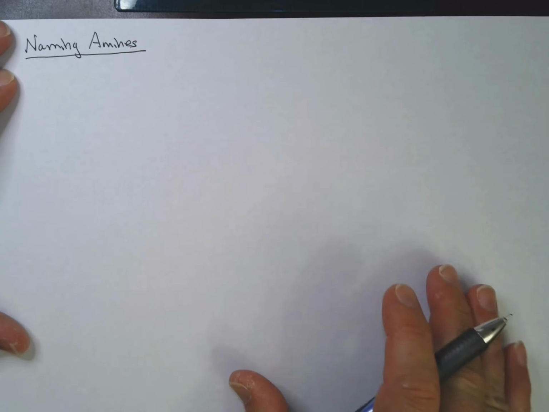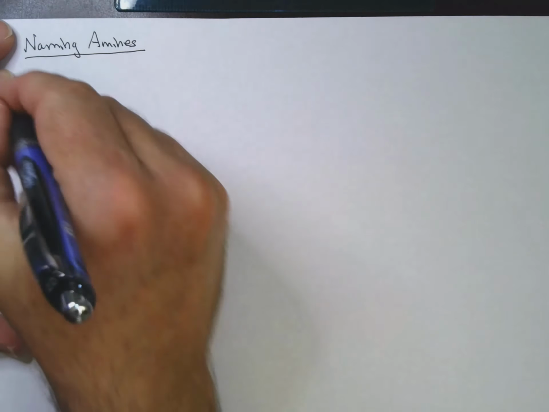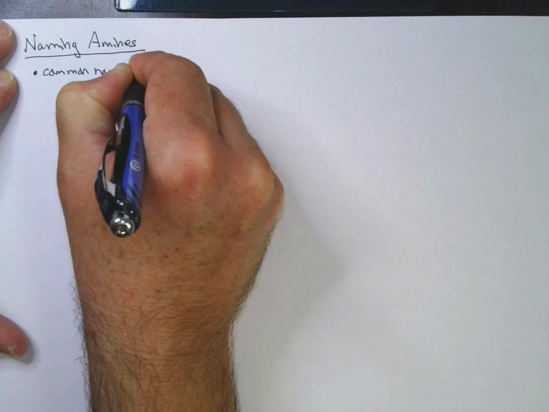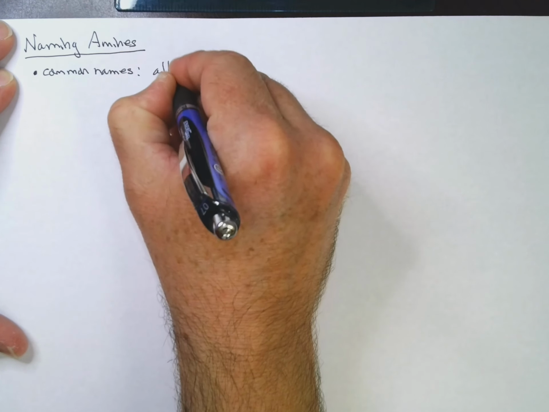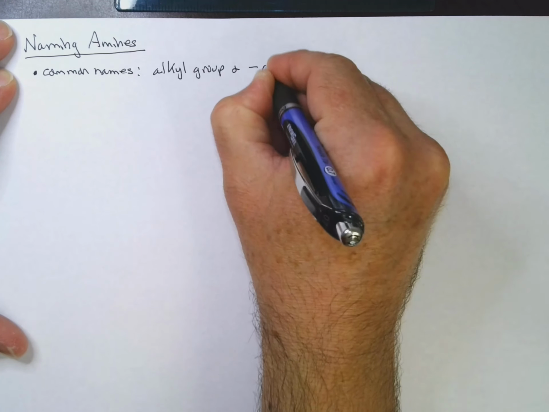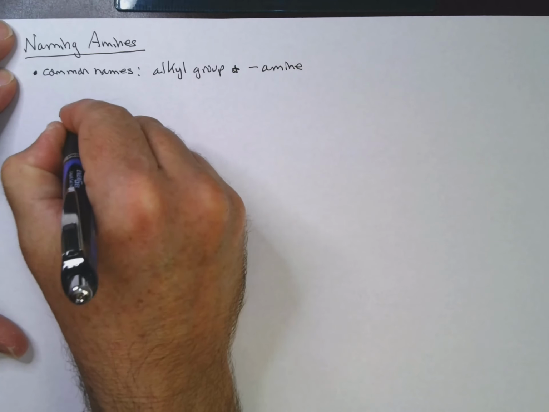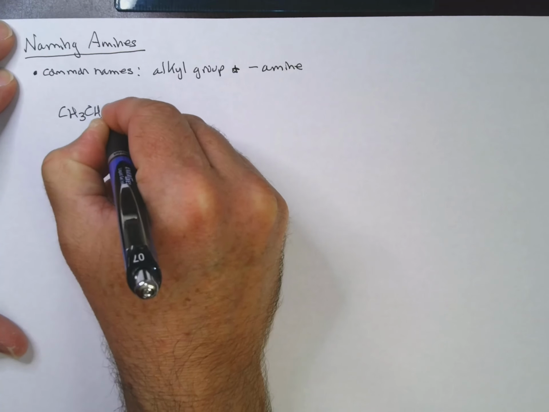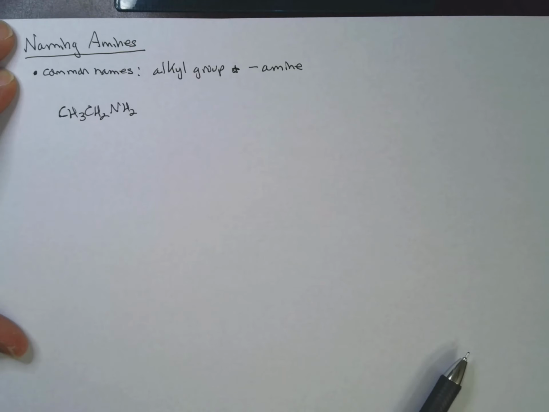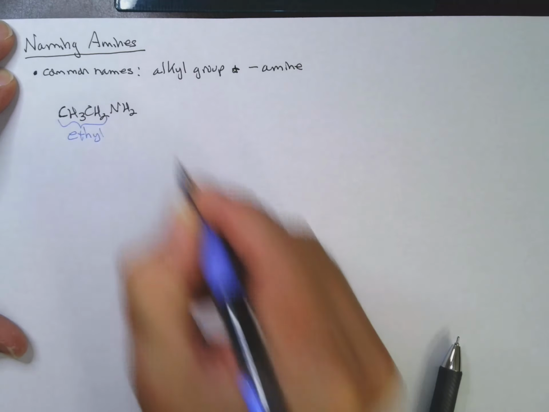Okay. Now let's look at some naming of some amines. So it'd be helpful to know what we're talking about before we start talking about it. So we do have common names, where we'll name the alkyl group and then add amine. So for example, if I had CH3CH2NH2, this here, of course, is an ethyl group.